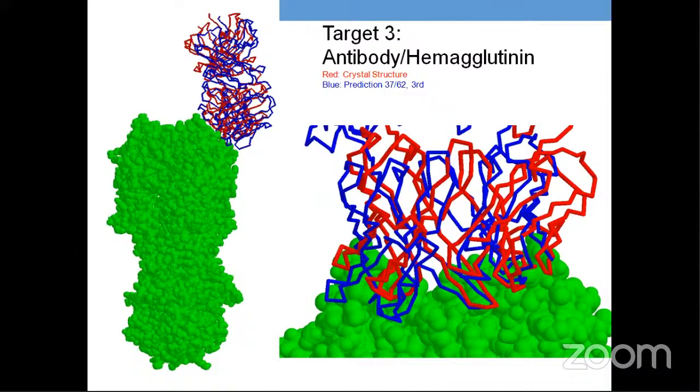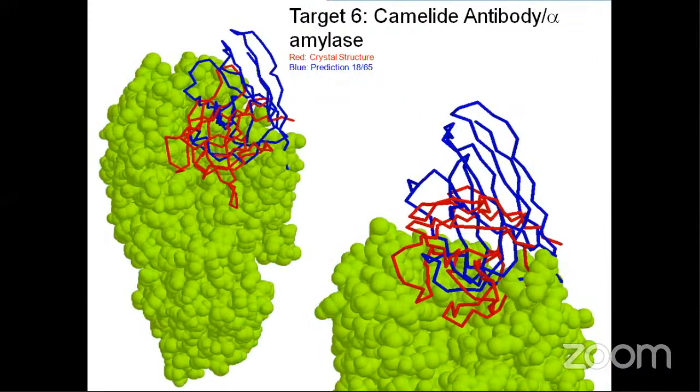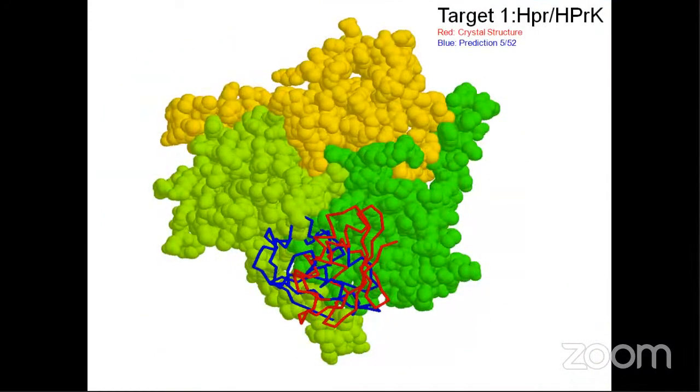The next slide, please. Here also, again, an antibody. So the interaction is not very good. That means the structure of the docked complex is not very similar to the actual structure. The next slide. Here it is somewhat similar, but here also it is not very similar.